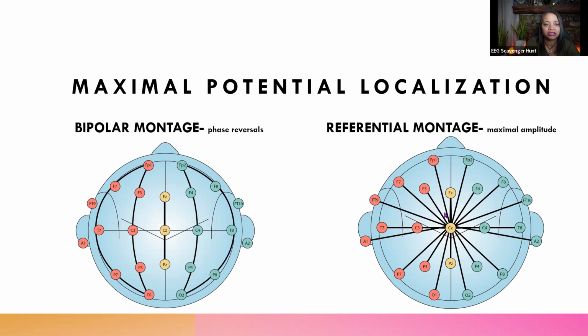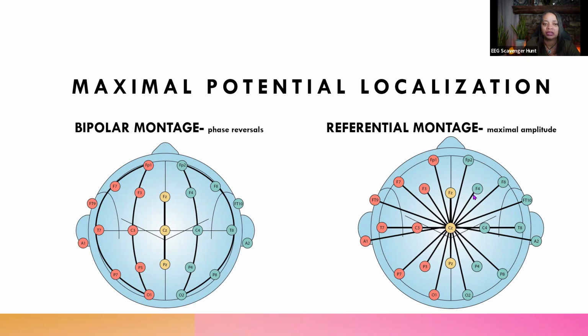In this referential montage over here, you're going to see that these electrodes are referenced to an electrode. There are various types of bipolar montages and various types of referential montages. In this example of a referential montage, all of the electrodes are referenced to CZ. An experienced reader would know that reference to CZ is good if your patient is not asleep, but if your patient is asleep, then reference to CZ is probably a bad idea.